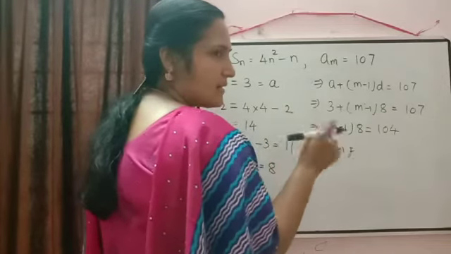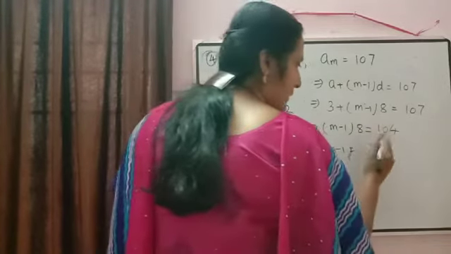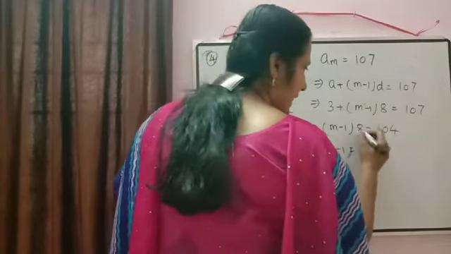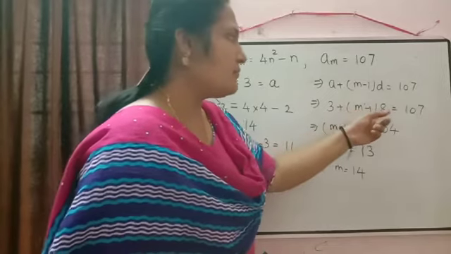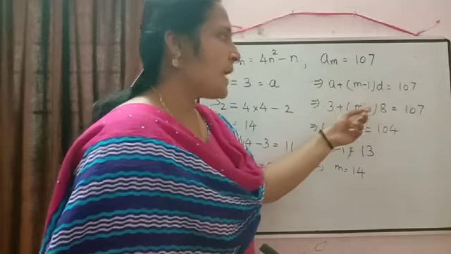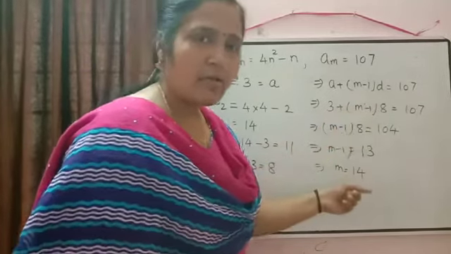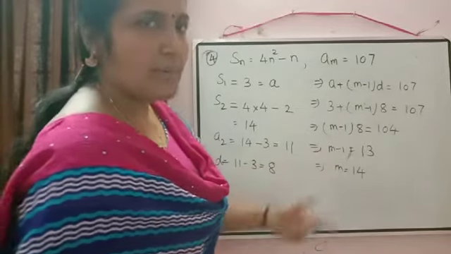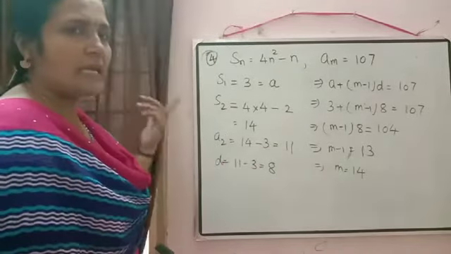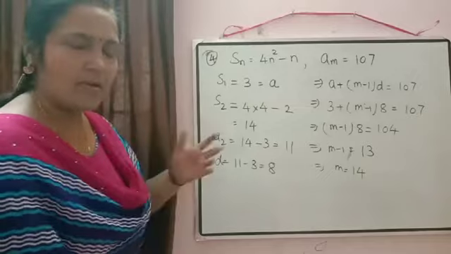Shall I cancel it directly there? 8 ones are 8, 8 threes are 24. So we will get M is equal to 14. Now here if you don't want to shift 3 to the right hand side, you can multiply, then it will be equal to 8M minus 8. In that way also you can do. It depends on you how you want to make it easy. That depends on your choice only.